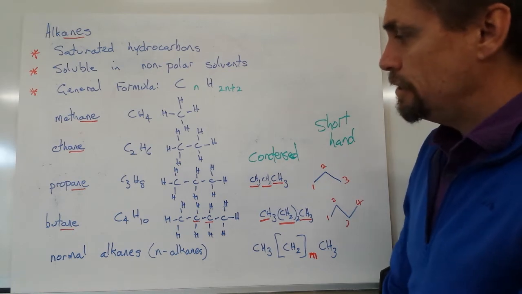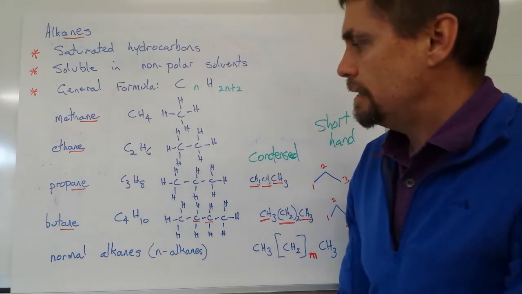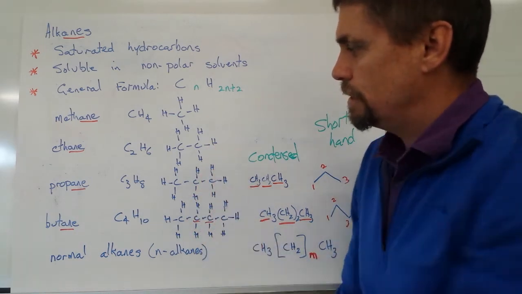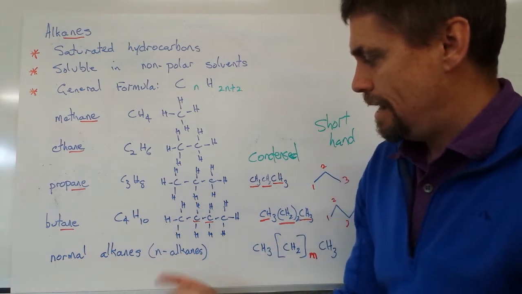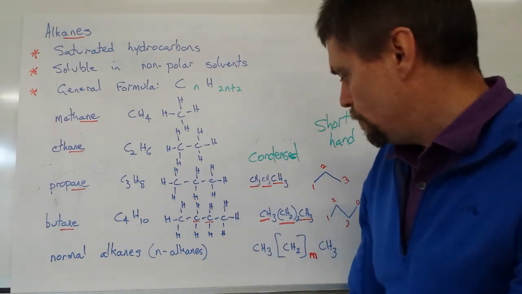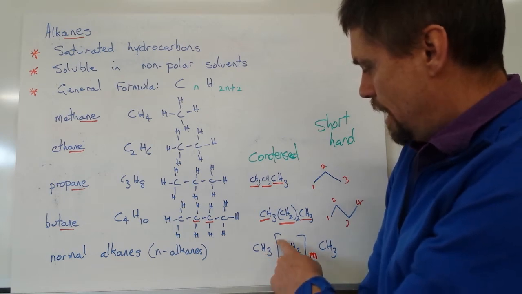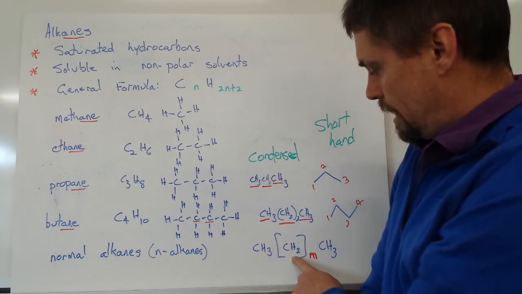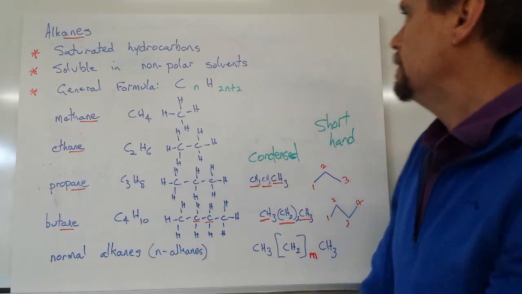Now we can get a generic formula for our alkanes. We call our alkanes that are just straight chain, such as the ones that I've drawn, normal alkanes or n-alkanes. And our generic formula, for our condensed formula, is CH3, and then there are m lots of CH2, and then another CH3 on the end.